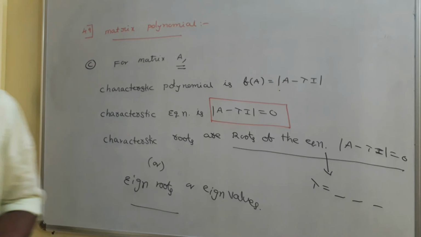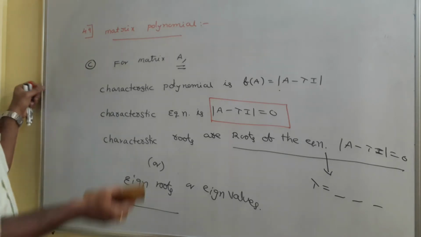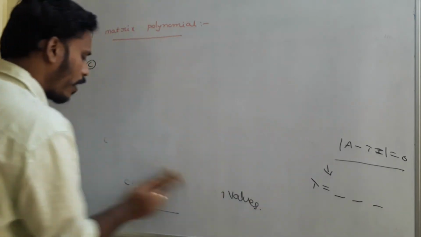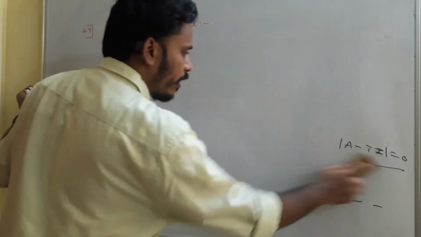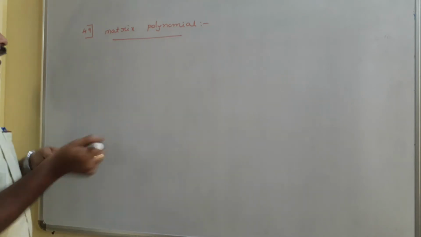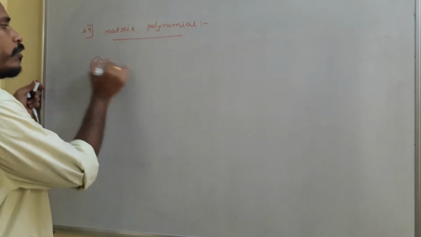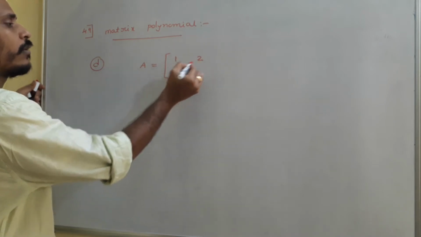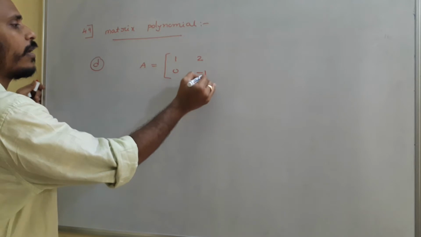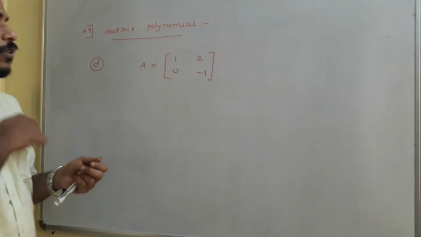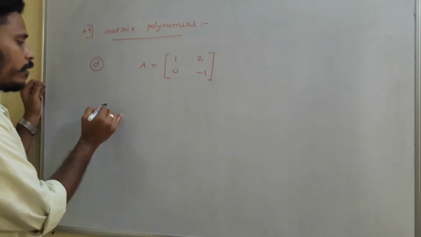I will give you one example based on that. Suppose you wish to find the characteristic equation for a matrix, how do you frame that characteristic equation? Just have a look. Suppose I have the matrix [1 2; 0 -1]. What do you say about its characteristic equation?